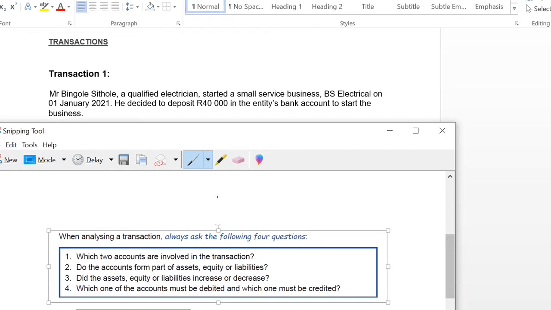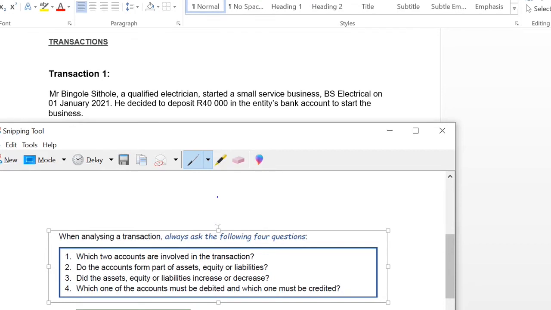I used this 40,000 to start the business of BS Electrical. So how are you going to record this? Your source document is the bank statement.